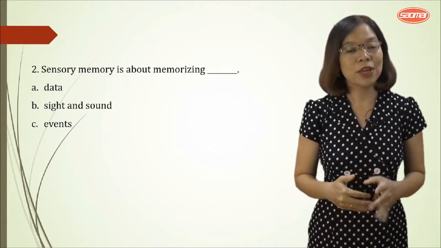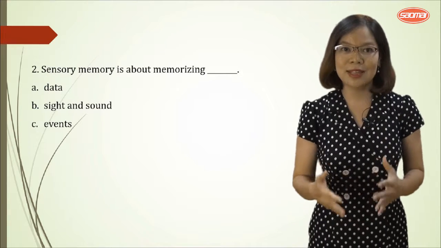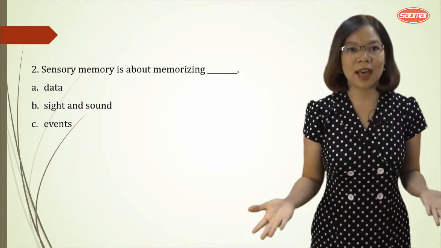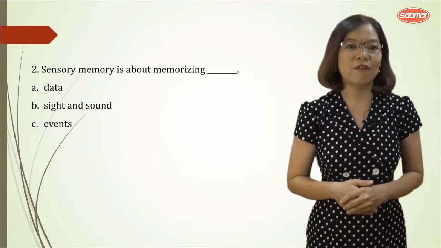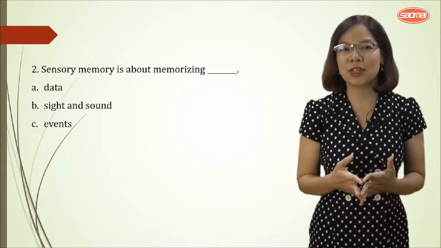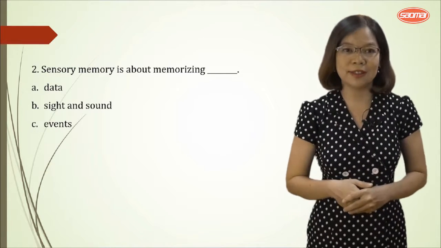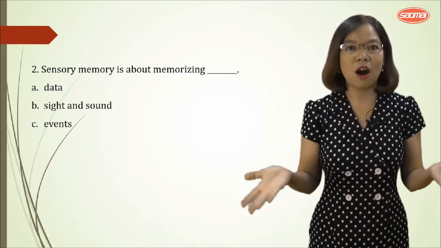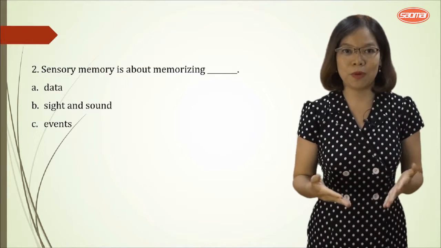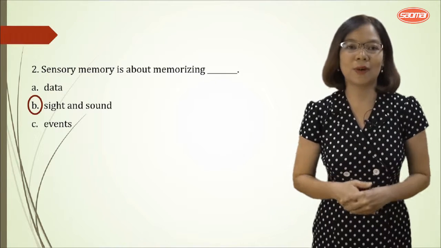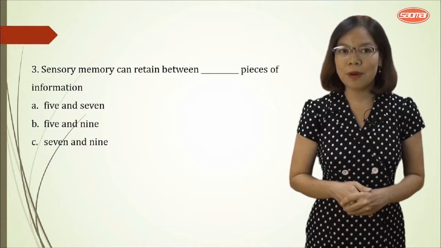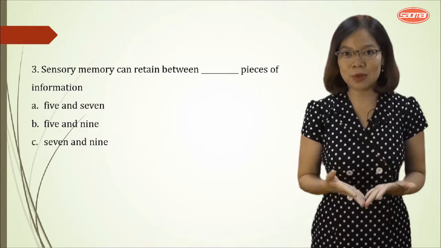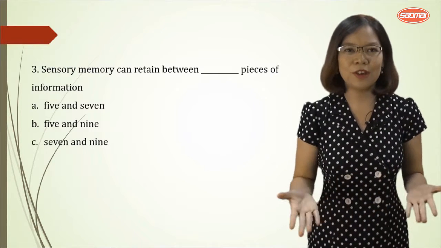Okay, so now we continue with number 2. Sensory memory is about memorizing data, sight and sound or event. And as we have mentioned at the beginning of the lesson, sensory memory is related to visual, auditory and tactile memory. So B is the correct answer. How about number 3? Sensory memory can retain between how many pieces of information?